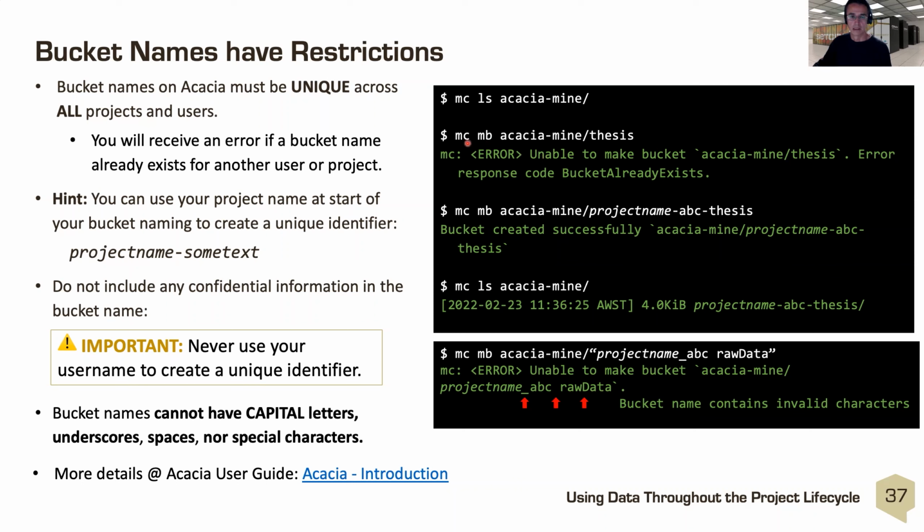So then I say, okay, I will create a bucket, acacia-mine thesis, and then I get an error that that bucket already exists, because someone somewhere already created a bucket thesis. So what we are recommending is to prepend the name of your project. That's why these letters, if you can see, are in cursive, because you should change this to your own project name.